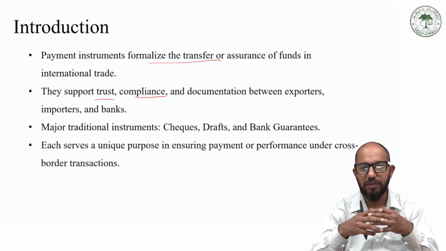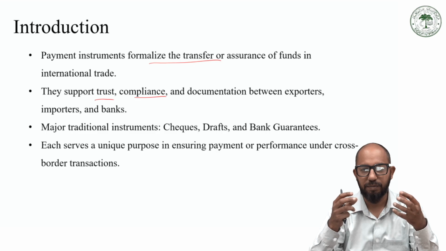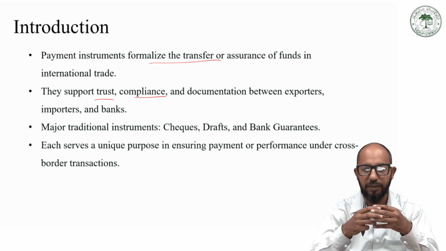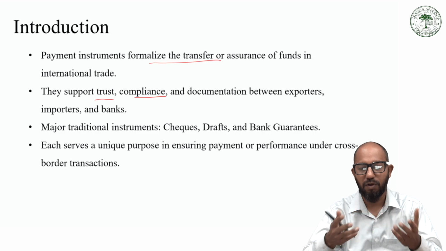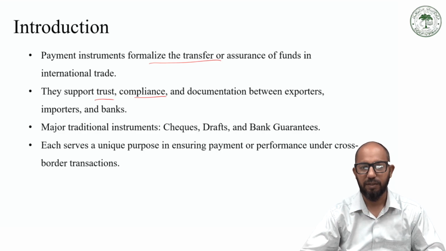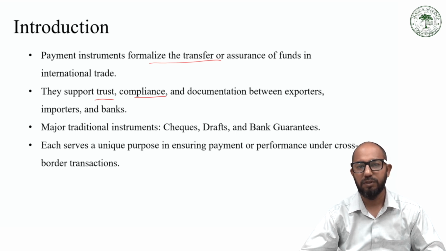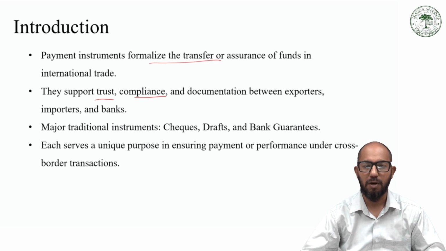So all these instruments bring about some trust between the parties. Also, in certain cases, they may be complying with rules and regulations. Some payment methods are more used in certain trade formats in comparison to others. So all this depends on how we are perceiving, but the important point is that these payment instruments are very important.